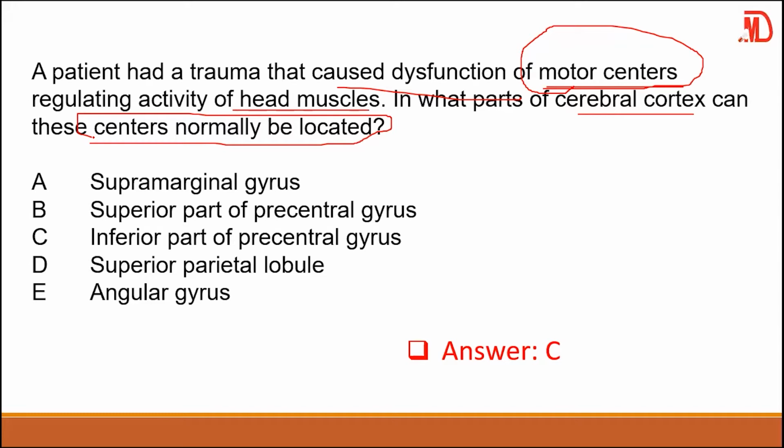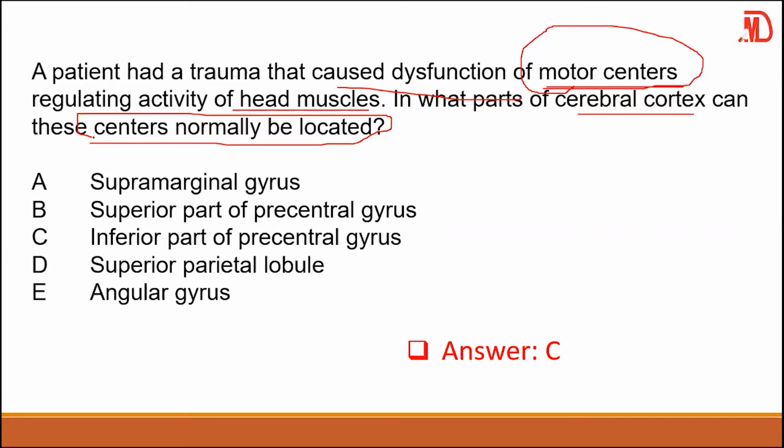And again, I was explaining that the upper or the superior part deals with the lower extremities, the lower limbs, whilst the inferior part deals with the head muscles.